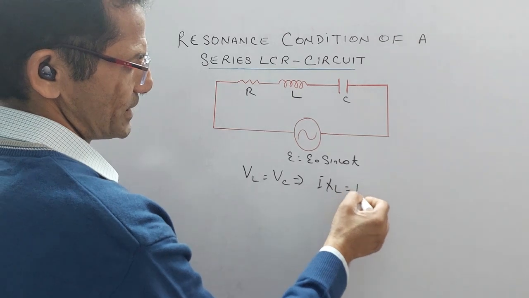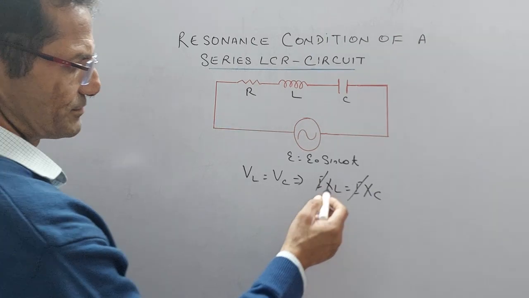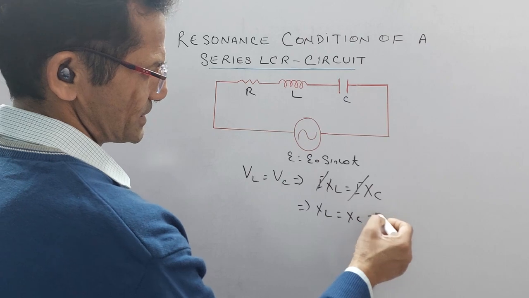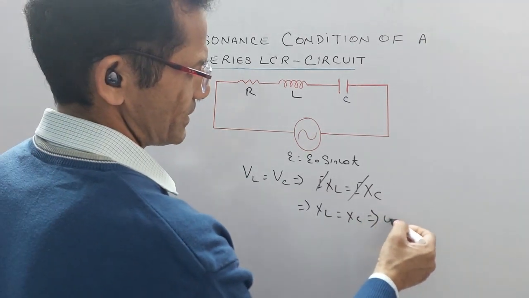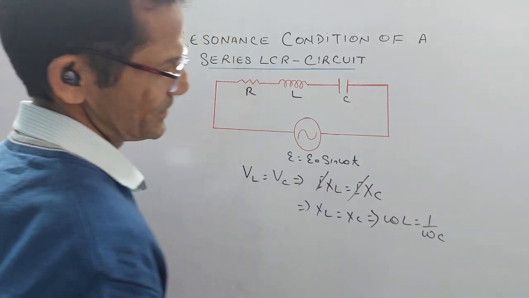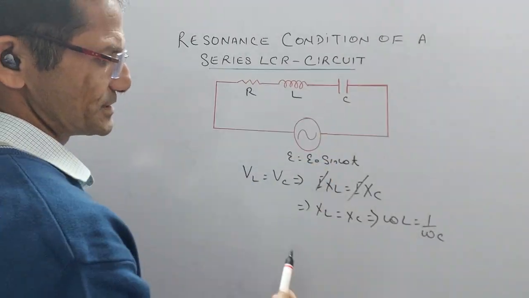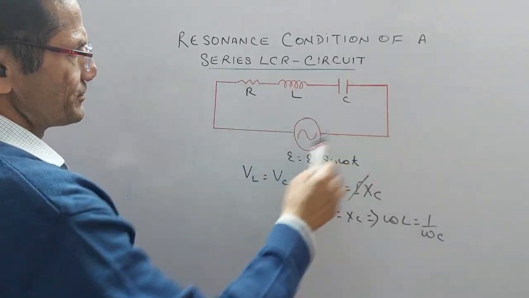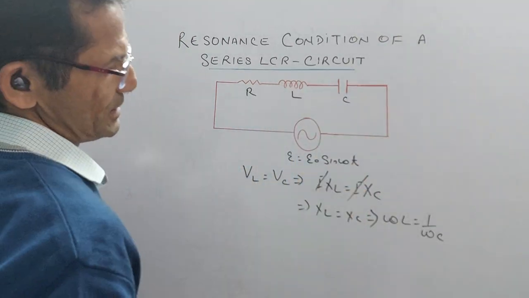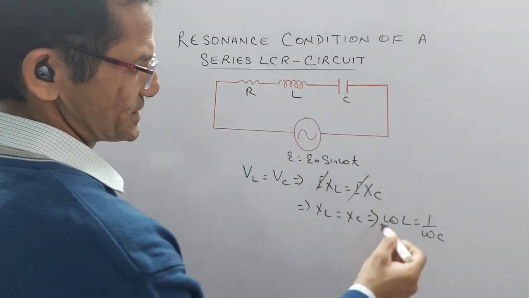So I XL is equal to I XC. Cancelling out the current, we know that XL and XC have the respective values omega L is equal to 1 upon omega C. When the voltages are the same across the inductor and capacitor, the condition is known as the resonance condition. At resonance, the frequency of this alternating circuit is omega r.